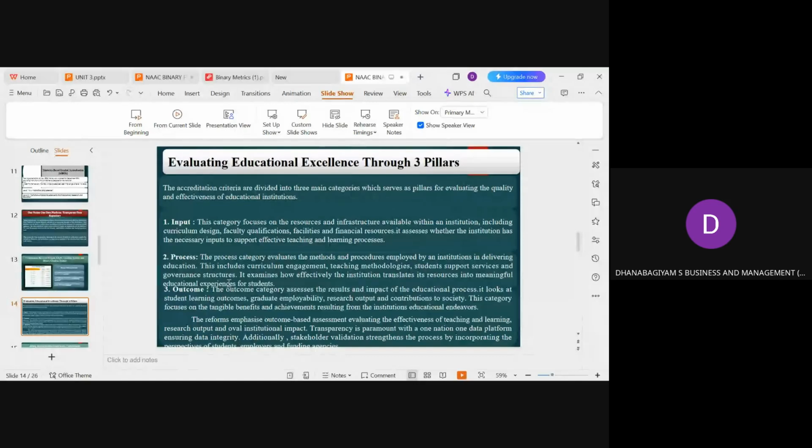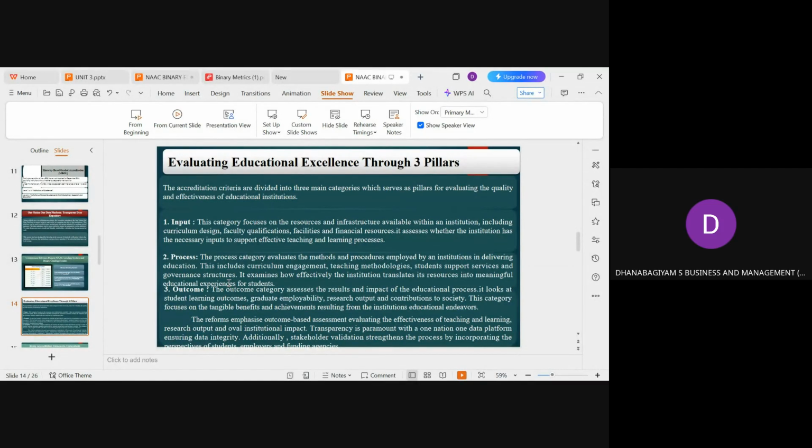What is the faculty-student ratio, the qualifications of the faculty, and the library and infrastructure facilities? If we have core courses like data science and computer science, do we have enough and sufficient infrastructure facilities along with the financial resources?